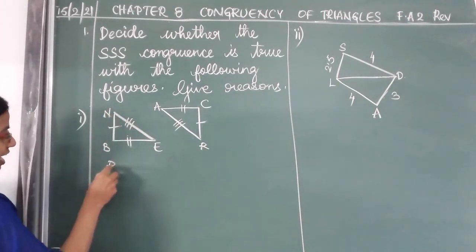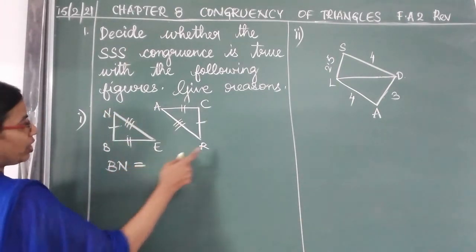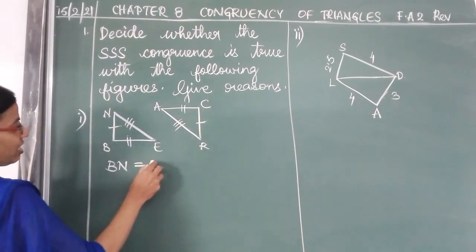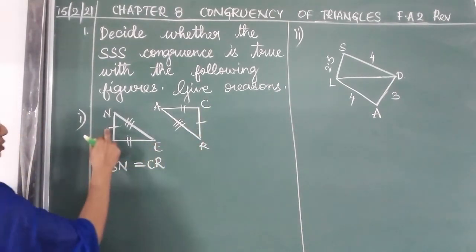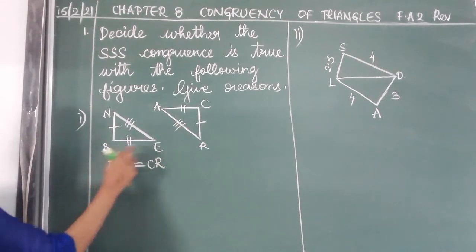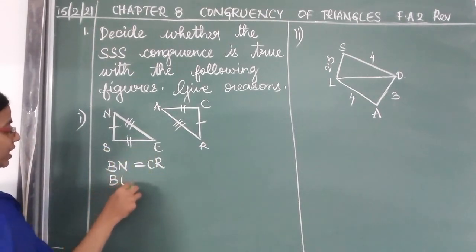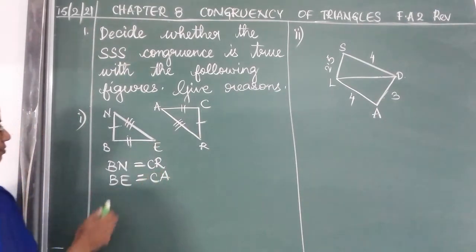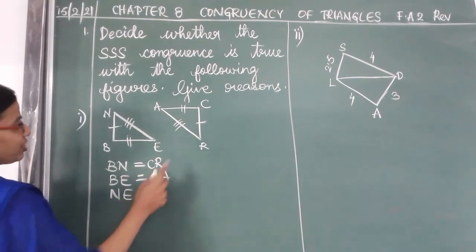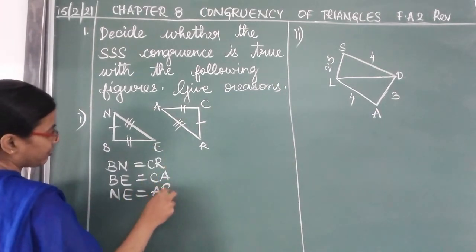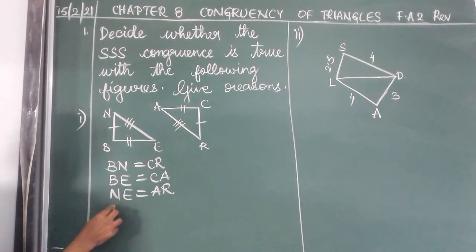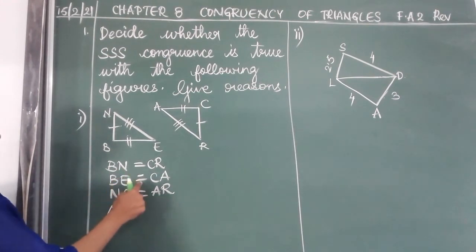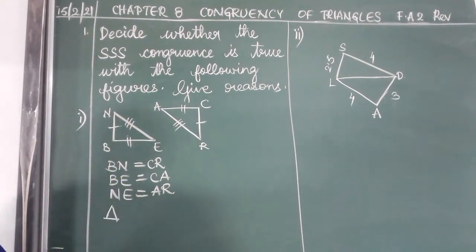So this is BN, which is equal to CR. First one corresponding side we have finished. Let's write the second one. BE is equal to CA. Next, NE is equal to AR. So here you can see that three sides are equal to each other. They asked you to write whether the condition is true.